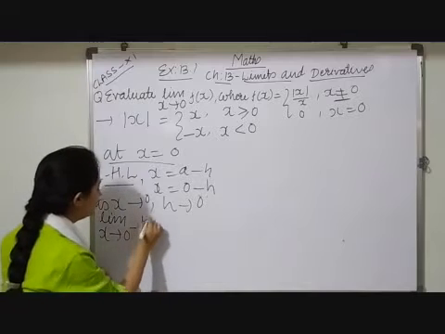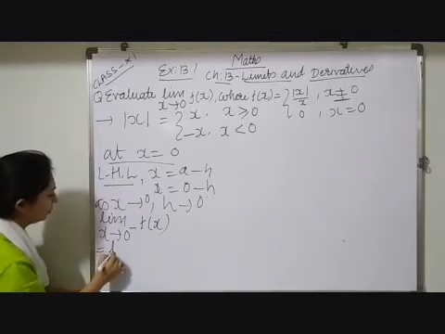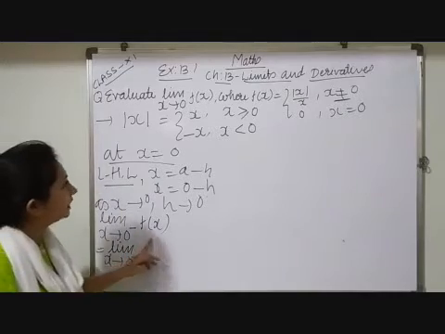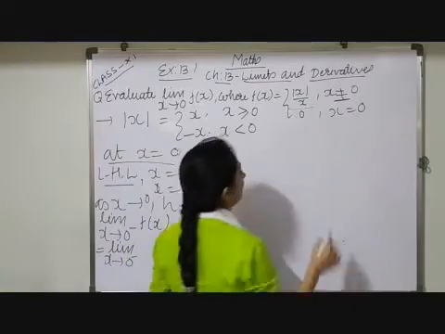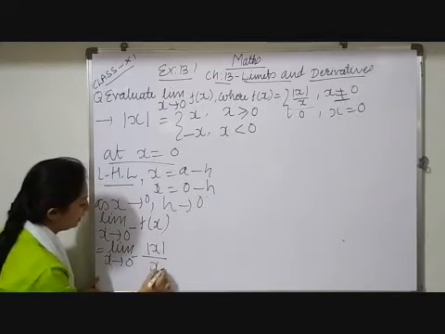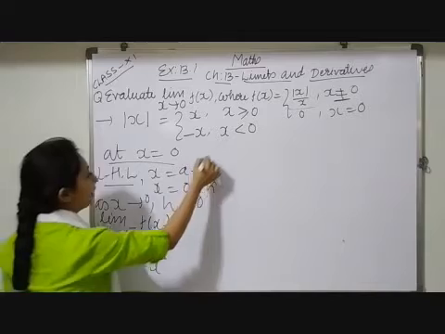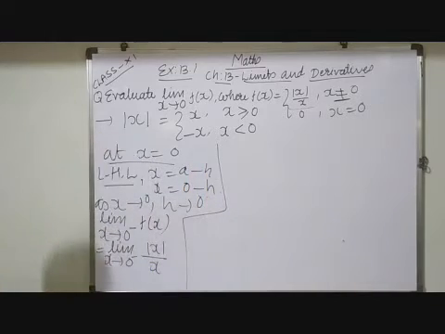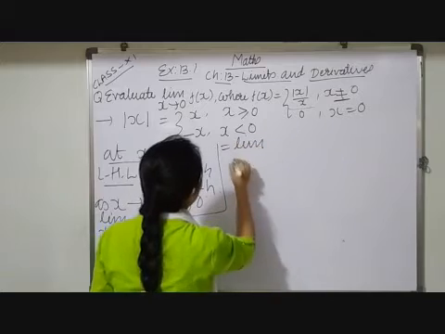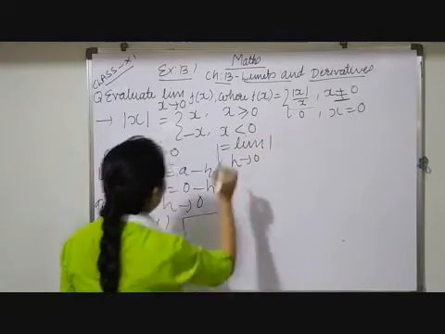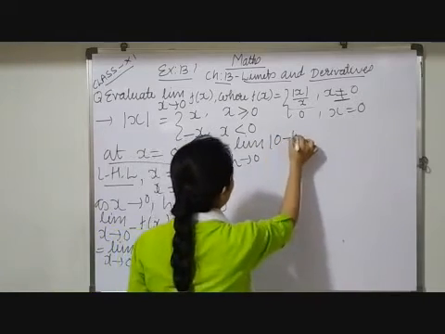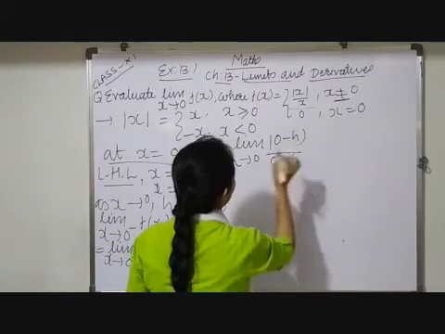So f of x is equal to limit x tends to 0 minus of our function f of x, that is modulus x upon x. Now we will convert it in terms of h, which is equal to limit h tends to 0. In the modulus, in place of x we will write 0 minus h, upon 0 minus h.